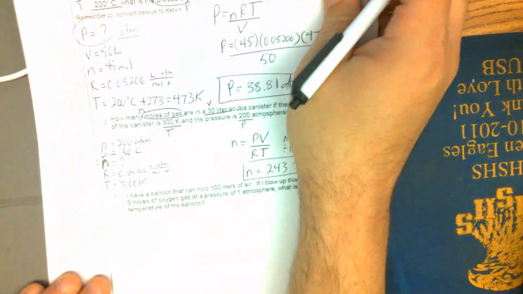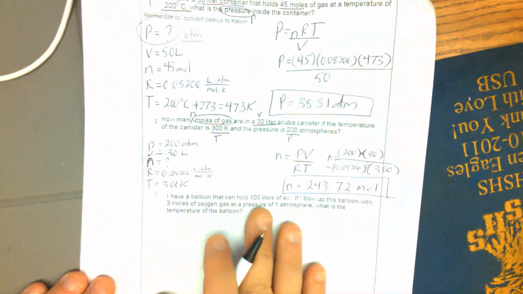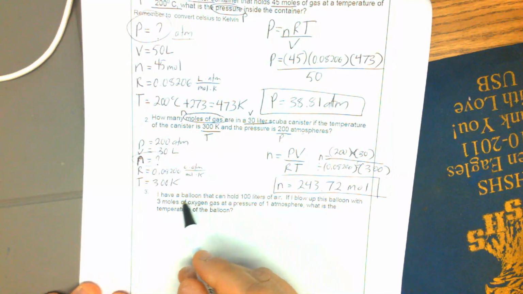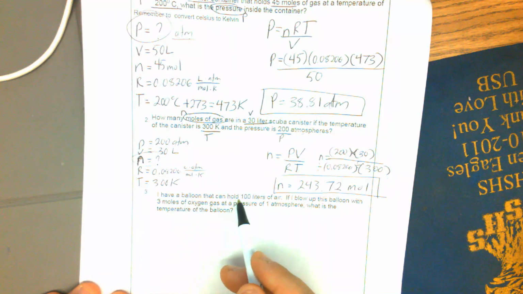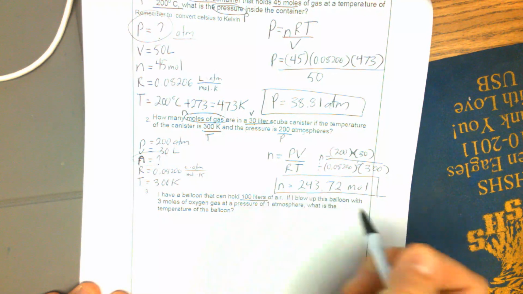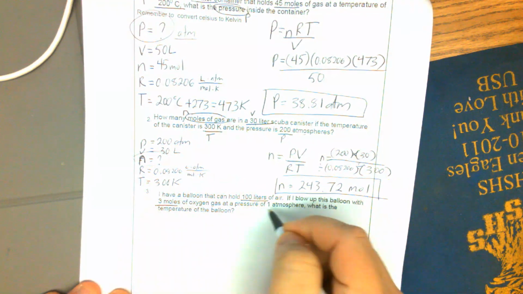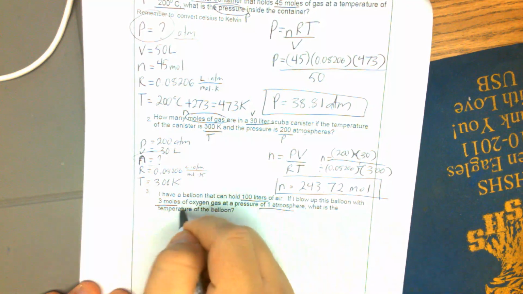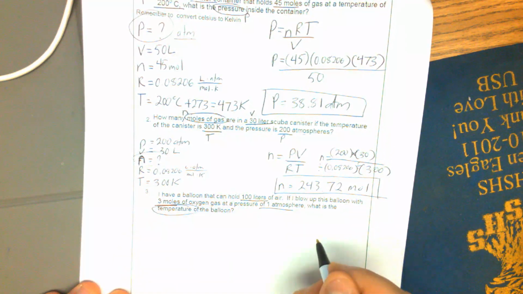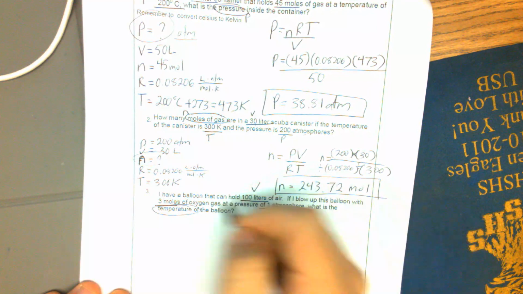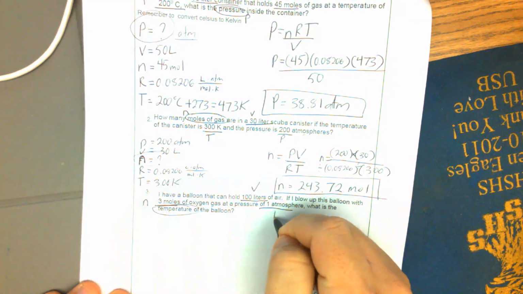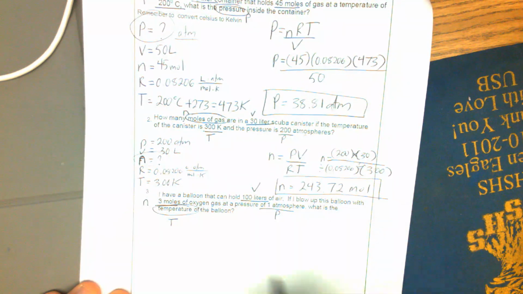All right, cool. So let's look at our last one. I have a balloon that can hold 100 liters of air. If I blow this balloon up with 3 moles of oxygen at a pressure of 1 atmosphere, what is the temperature of the balloon? So again, volume, moles, pressure, temperature.